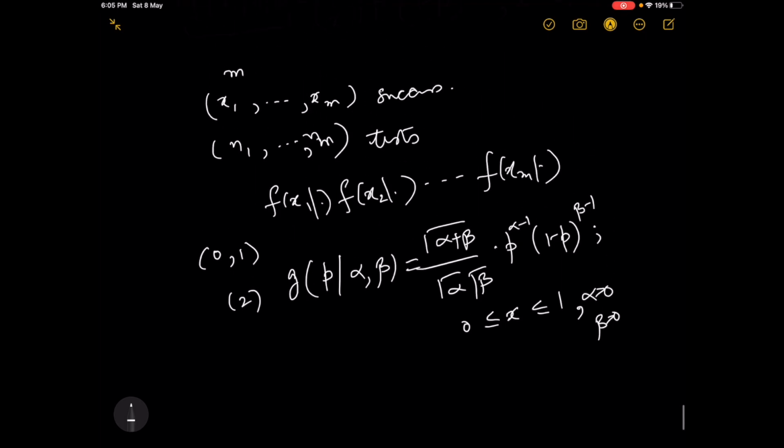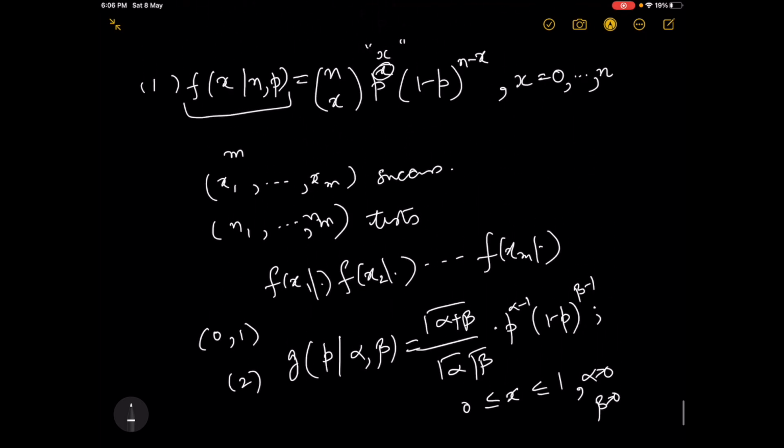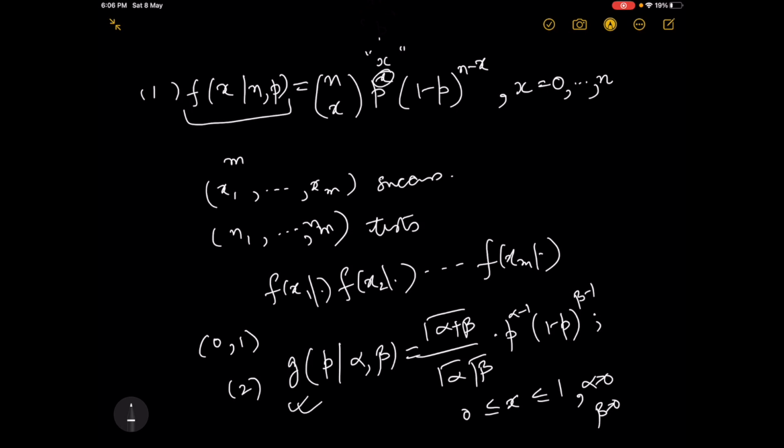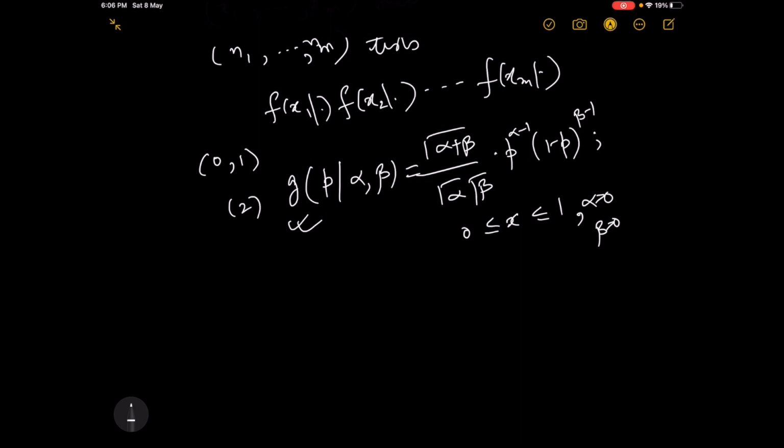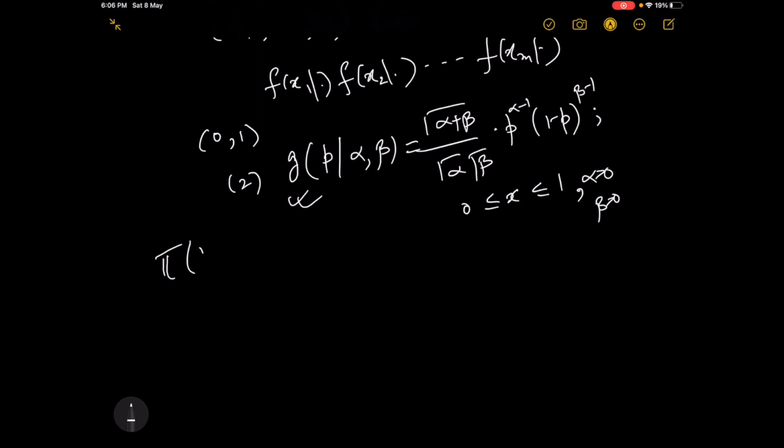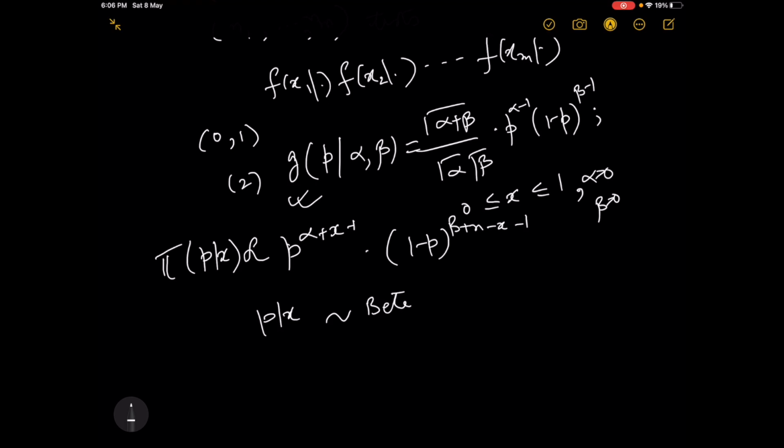Now, if we combine expression 1 with expression 2, this is the prior, this is the likelihood, prior times likelihood will give us the posterior, which means the posterior is also following beta, and the parameters are simply updated in the sense that alpha in the prior is replaced by alpha plus x, and beta in the prior is replaced by beta plus n minus x.